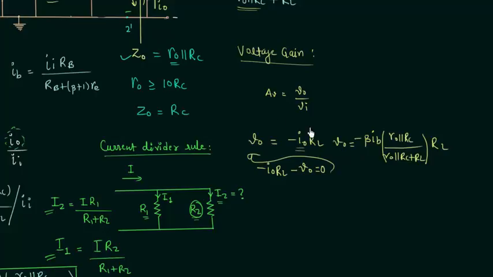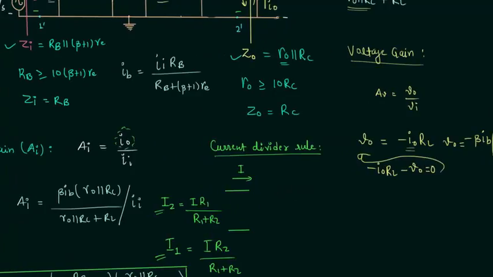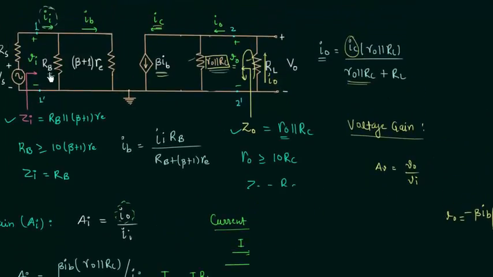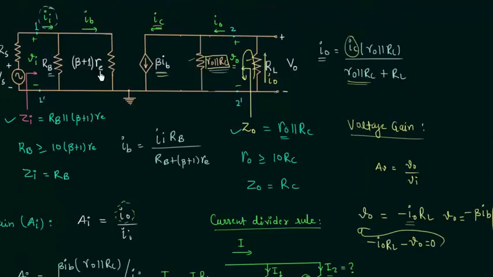Now we will find out input voltage. The input voltage is equal to the drop across the resistance RB or the resistance beta plus 1 RE. The drop will remain same across the two resistors because they are connected in parallel, and we can easily find out the input voltage if we can calculate the drop across resistance RB or drop across beta plus 1 RE.